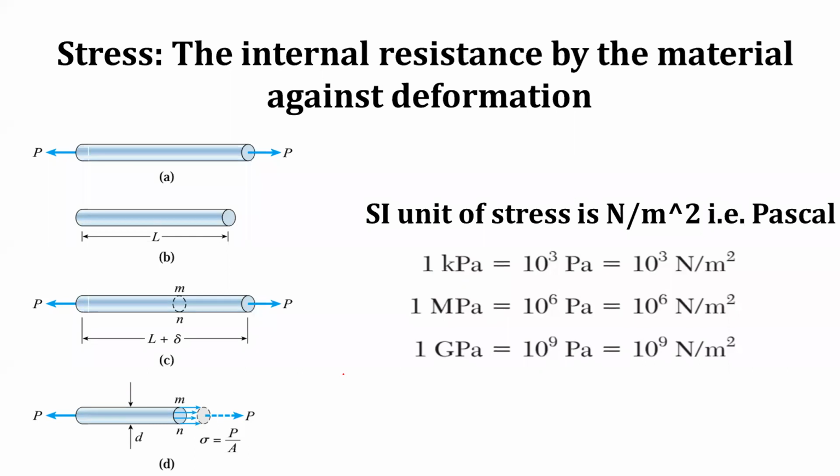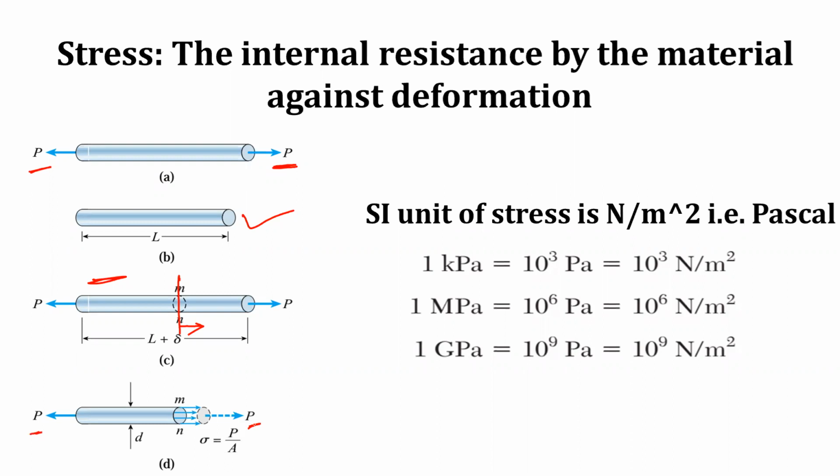Suppose this bar is there of length L, and I apply load on both sides, P and P. Now, if I take a cut section anywhere and consider only one of the parts, say the left part, this load P will be there, and at the cut section I have to show the load this way, because for that part to be in equilibrium, the reaction will be P.